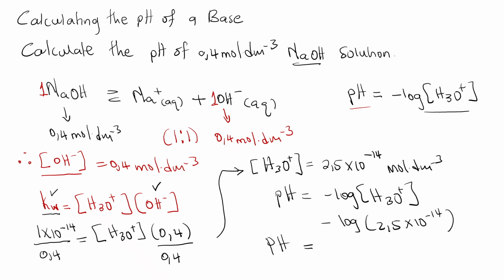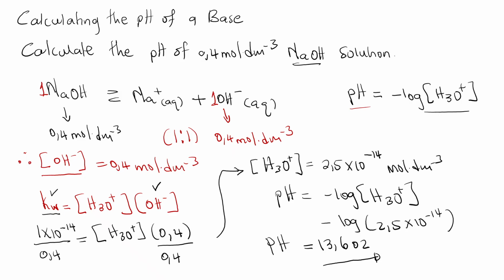Negative the log of 2.5 times 10 to the power minus 14. I have 13.602. It's up to you how you round this off, because in an exam they might say round off to 2 decimal places, which will be 13.60.